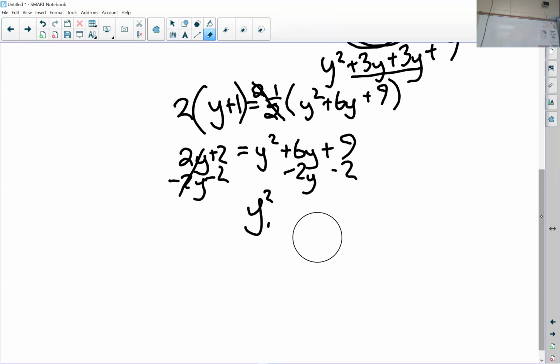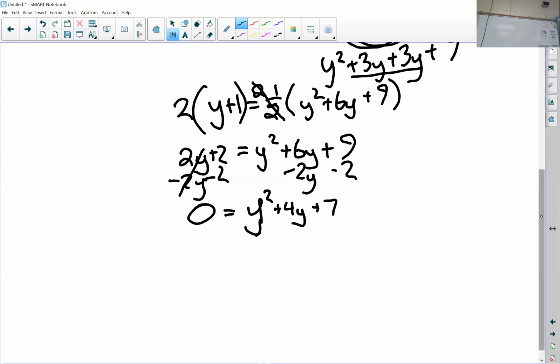Six y minus 2y is 4y. 9 minus 2 is 7. What do I do from there? You did a quadratic formula. Now I'm ready to do my quadratic formula.